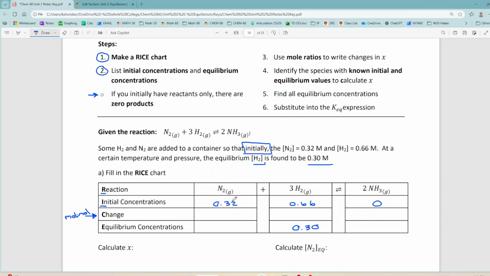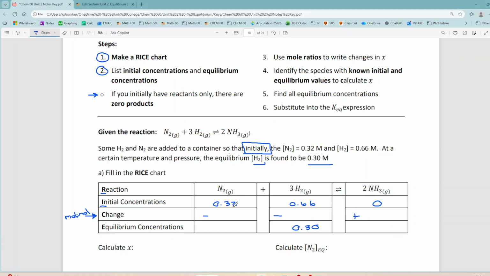Now, I'm starting with nitrogen and hydrogen. As my reaction proceeds, I'm going to use up the nitrogen and the hydrogen, and I'm going to produce ammonia. So I'm going to decrease my amount of nitrogen and hydrogen and increase the amount of ammonia.